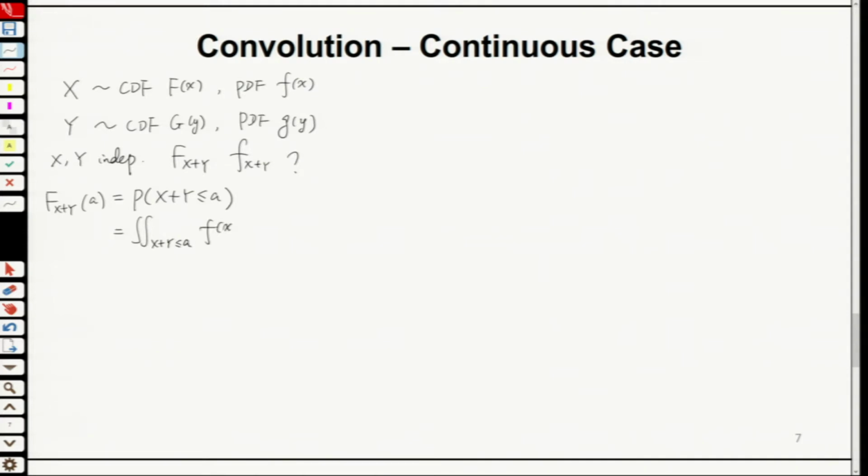Then you have f(x) g(y) dx dy. So this will become minus infinity to infinity, and minus infinity to a minus y, f(x) g(y) dx dy.